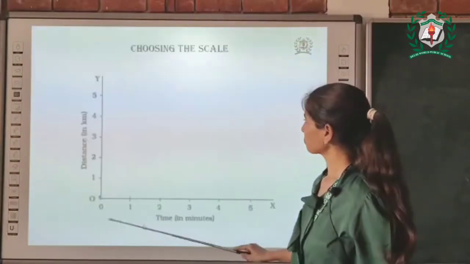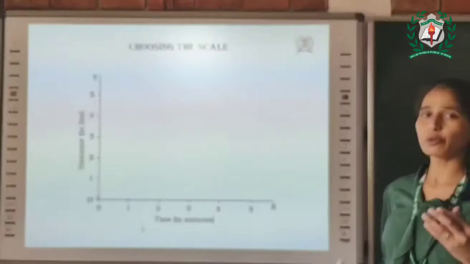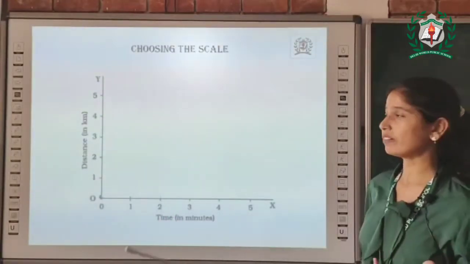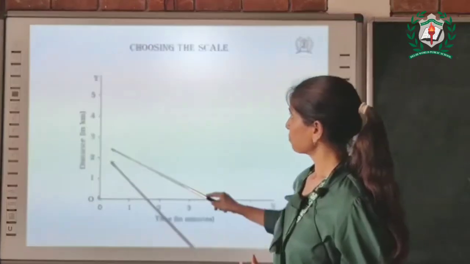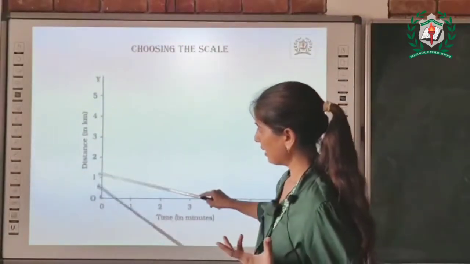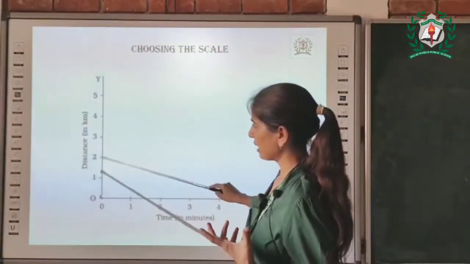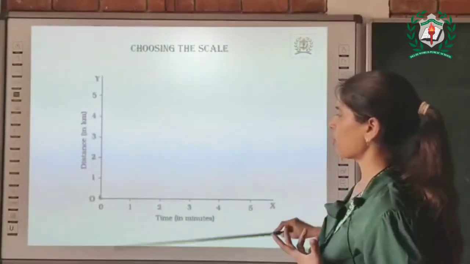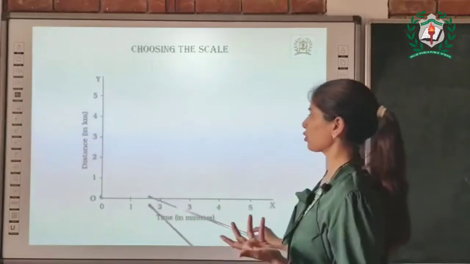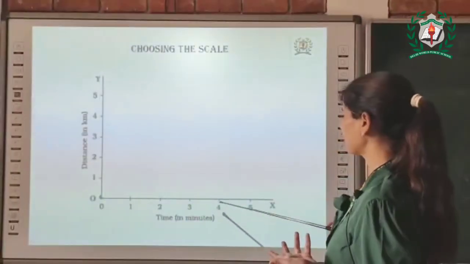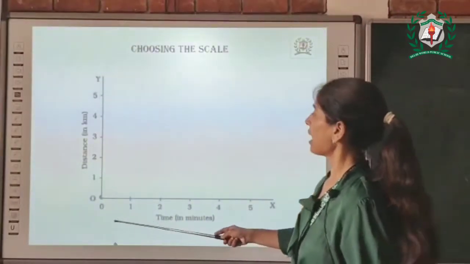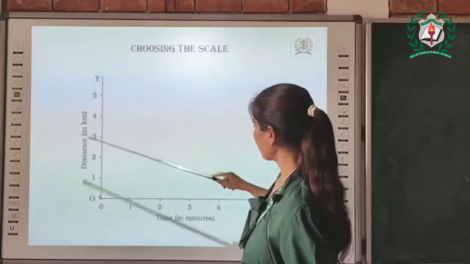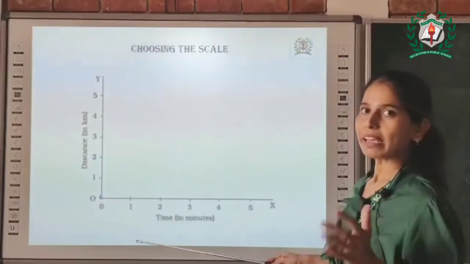Okay. So next, if we want to measure distance and time of a vehicle, then what will we do? This is the scale in which we can calculate distance, and this scale can be used to measure time. It could be second, it could be minute: 1 minute, 2 minute, 3 minute, 4 minute, 5 minute. And this is the distance, 1 kilometer, 2 kilometer, and it could be anything.